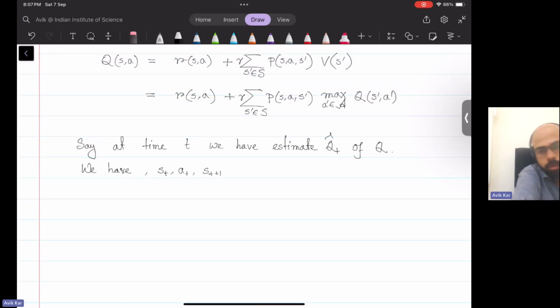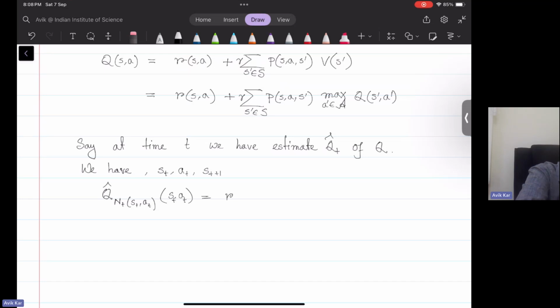In the same way as TD learning, we can update this q hat to q hat t plus 1 at the pair s_t, a_t.